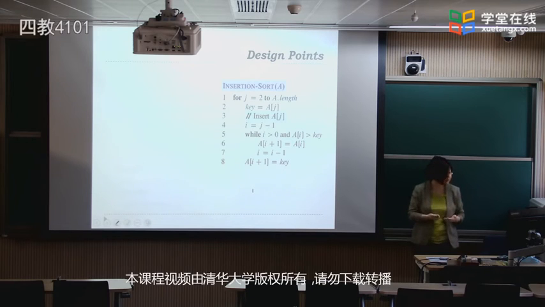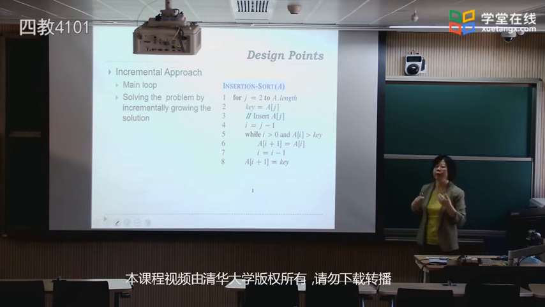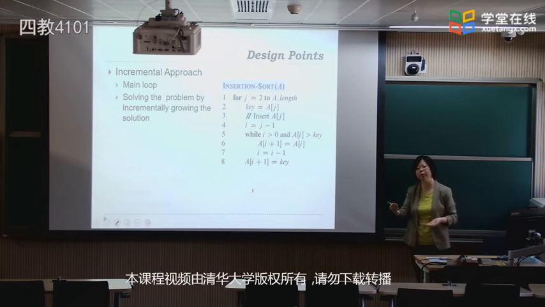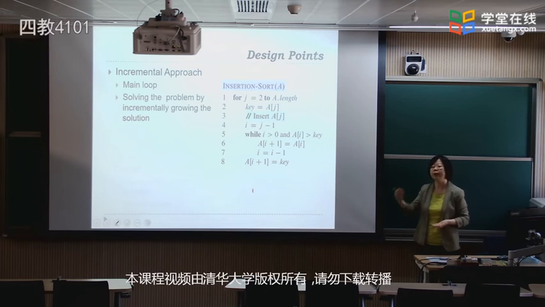Again, let's summarize this incremental approach we have seen so far. First of all, we see a main loop. In this case, that's the for loop. And then we solve the problem by incrementally growing the solution, which means we make A1 sorted, and then A1 to A2 sorted, and then A1 to Aj sorted, and at last A1 to An sorted.